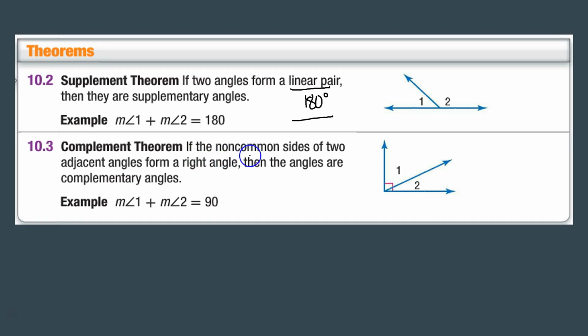Then we have the complement theorem. If the non-common sides of two adjacent angles form a right angle, then the angles are complementary angles. Right angle is 90 degrees, which is shown with this little box here. In this example, we have the measure of angle 1 plus the measure of angle 2 is equal to 90 degrees, which is this big piece right here.